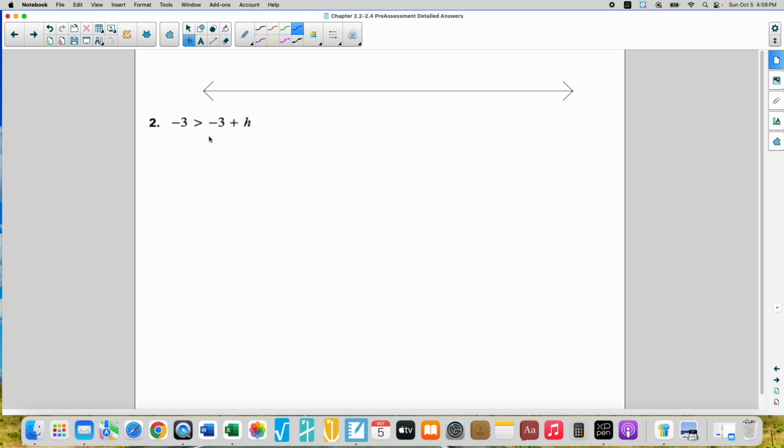Number 2, again, this time we have to get rid of a -3 by adding 3. And -3 and +3 makes 0 is greater than h. Now, this is where a lot of students will make mistakes. Be careful.